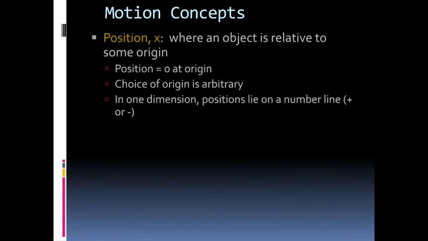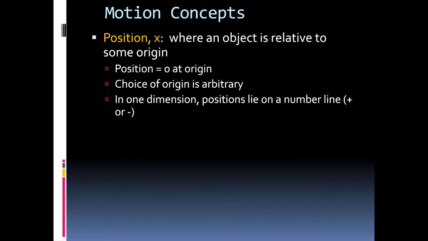So the motion concepts. The first thing you need to know is position is usually given the variable x, like the number line, the x number line, the x-axis. In your book, x is also called the instantaneous position. We're just going to call it position for short. It's where an object is relative to some origin. You do have to pick an origin. We label the origin 0 for its position.